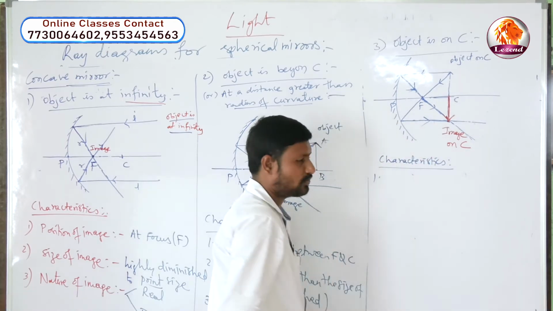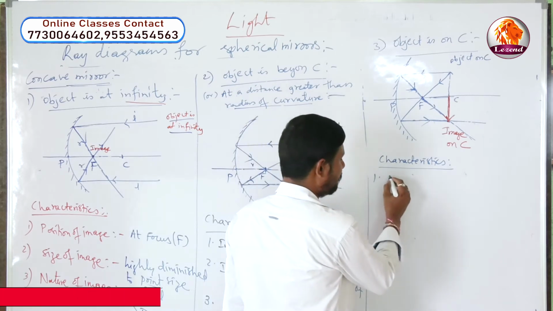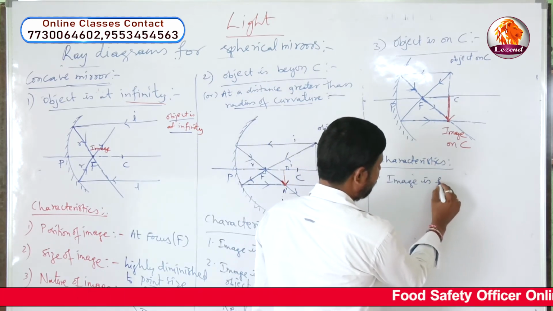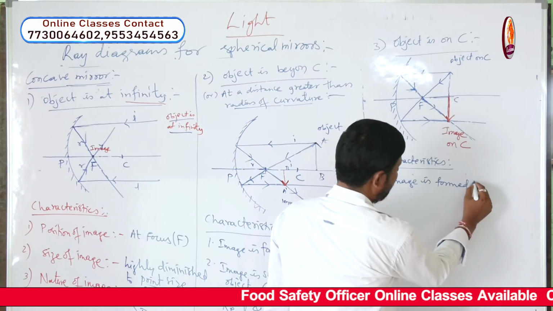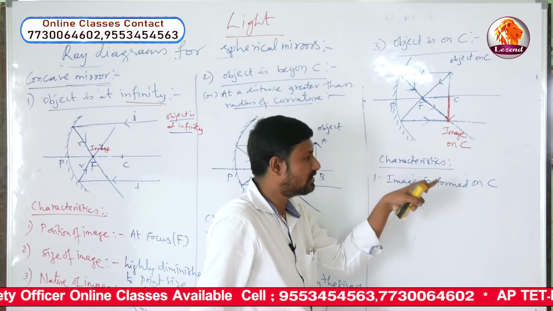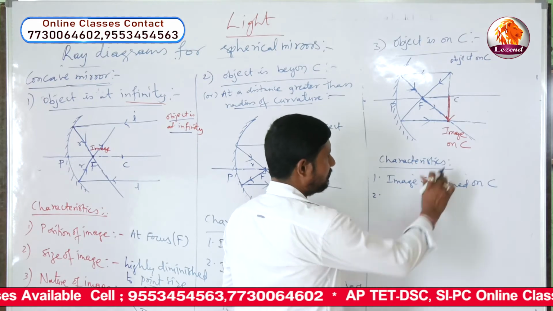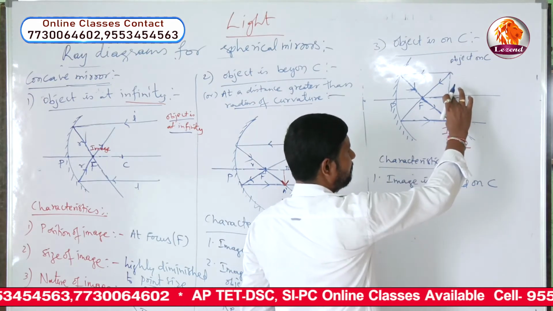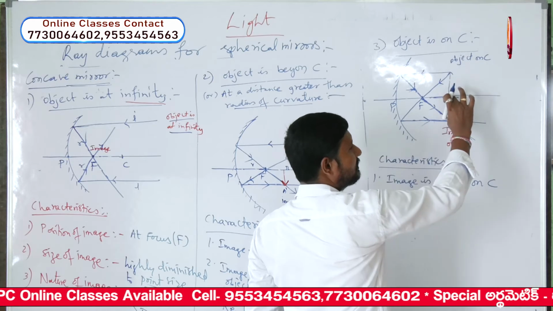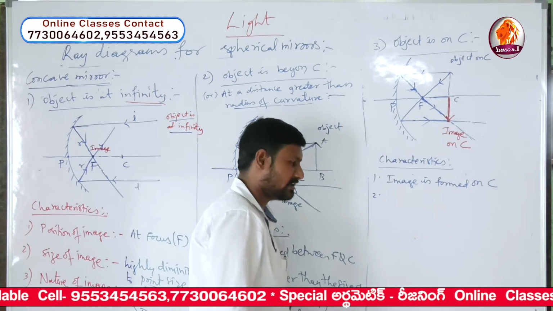Number 1, the position of image is what now? Image is formed on C. When the object is on C, image is also formed on C. And number 2, if you see the size, what do you understand? The size of the object and size of the image both will be the same.